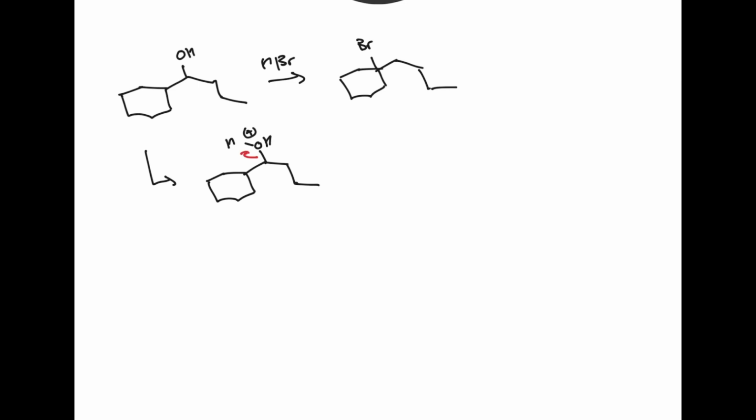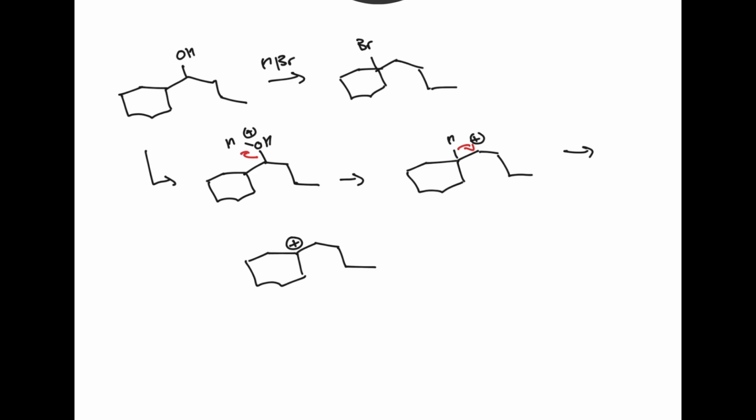It would leave, you'd make a secondary carbocation, right? Whenever you make a secondary carbocation, you have to look at it and say, can this rearrange? And in this case, it can. You move this hydrogen. So then you make the tertiary carbocation, and that's what your bromide ultimately adds to.